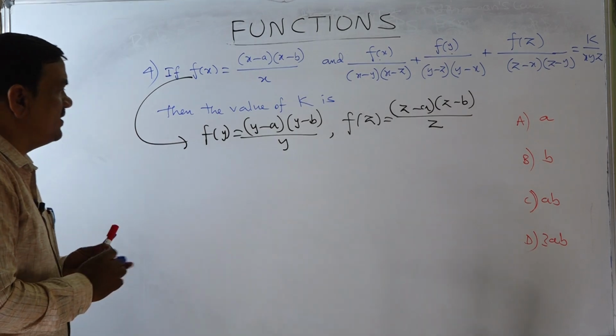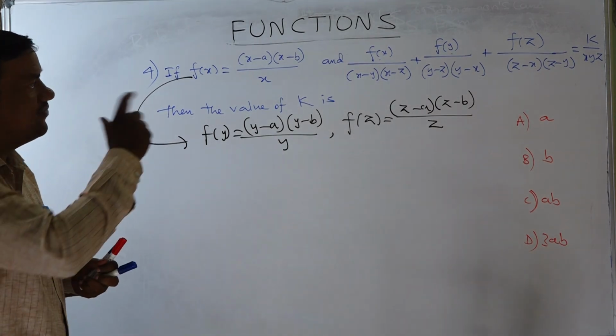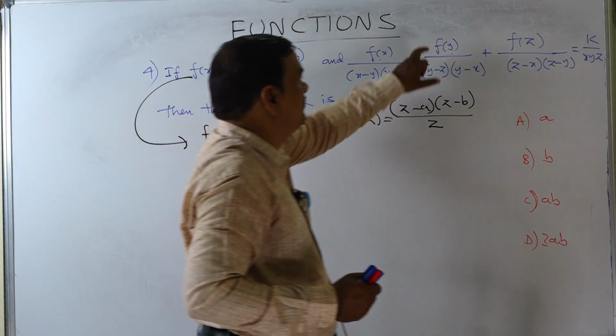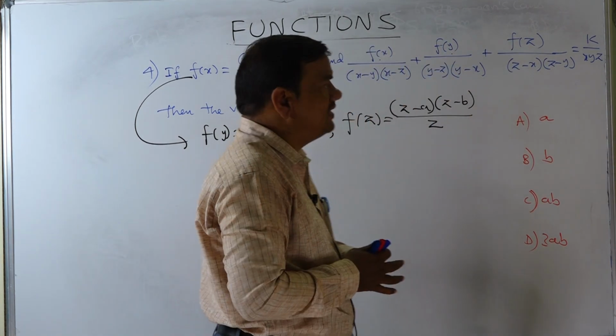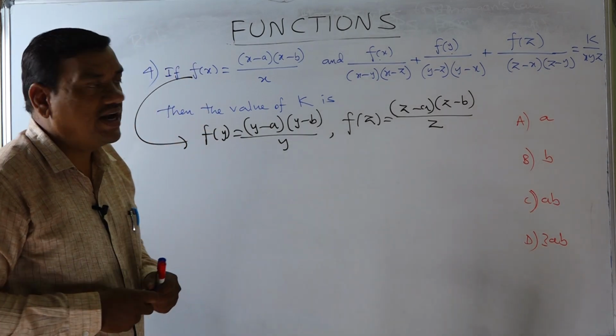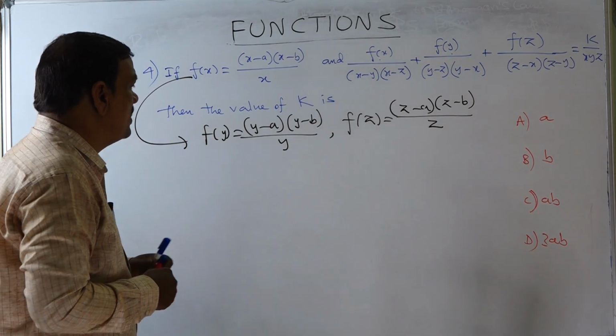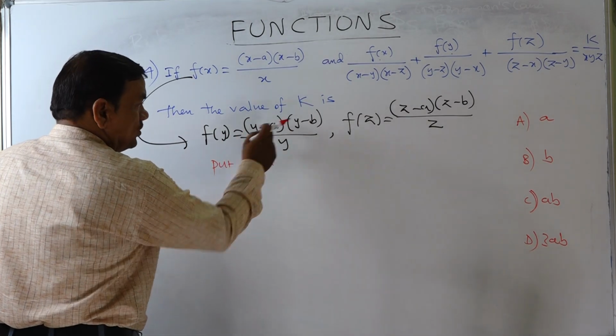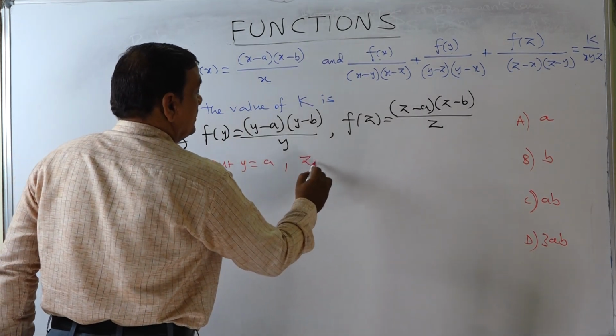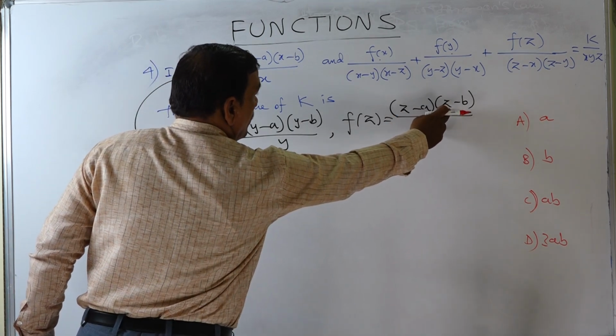So I am making f of y and f of z 0. You can make f of x and f of y 0, whatever may be that. So I am making f of y and f of z 0. For that, what do I have to put? Put y is equal to a and z is equal to b.